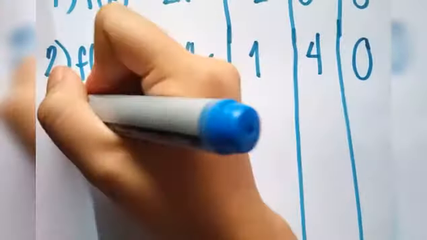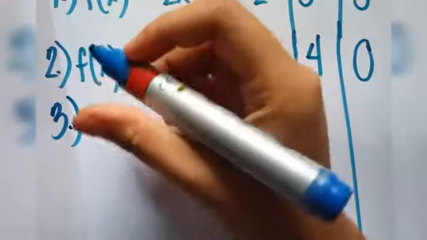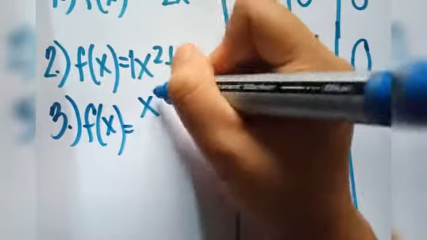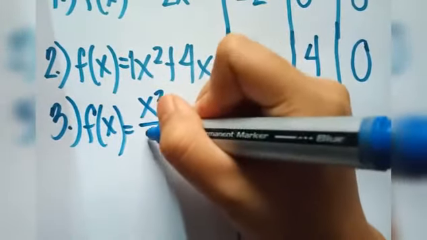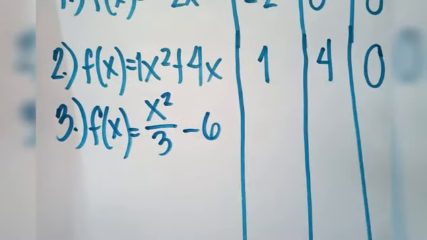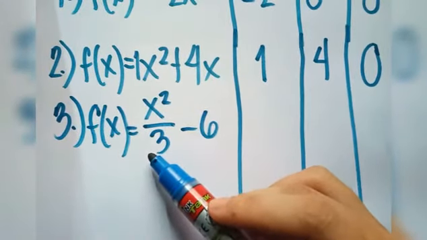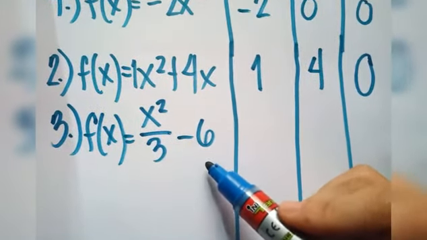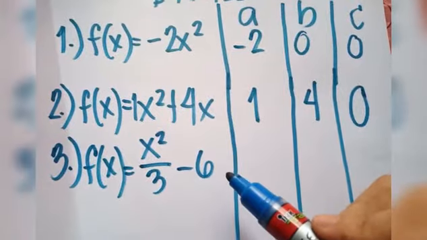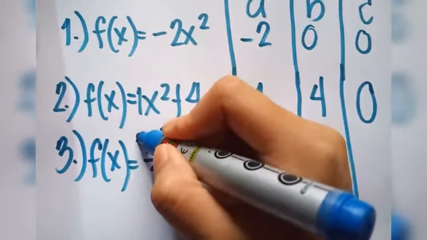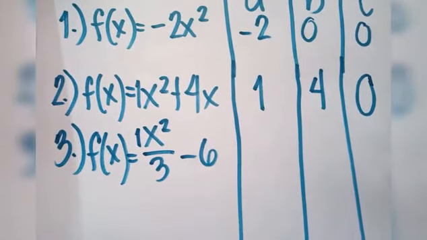Now, let's have the example number 3. So, we have here f of x is equal to x squared all over by 3 minus 6. So, meron naman tayo ditong quadratic term. Then, we have constant. Ang wala dito ay yung ating linear term, which is the letter B. So, dito, meron tayo ditong coefficient na 1.